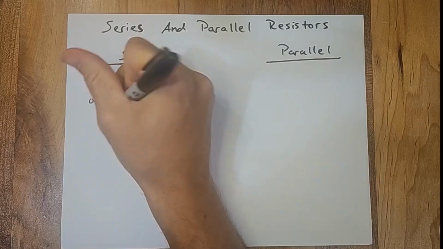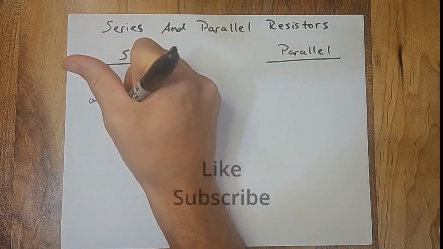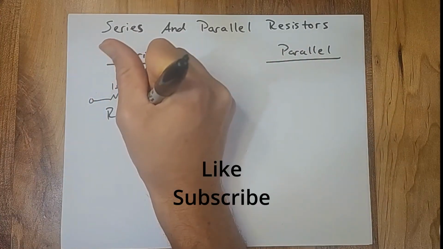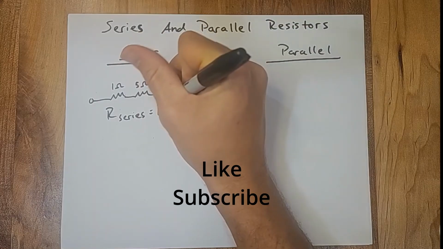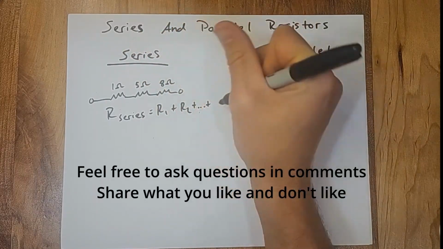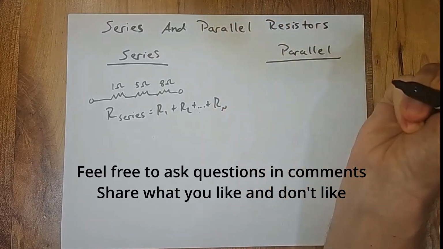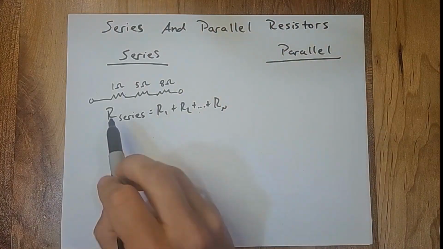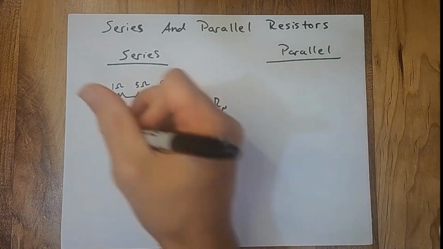So resistors in series, well, that's just going to be whatever R1 is plus R2 all the way to Rn, however many you have. So let's do that for the three we have.